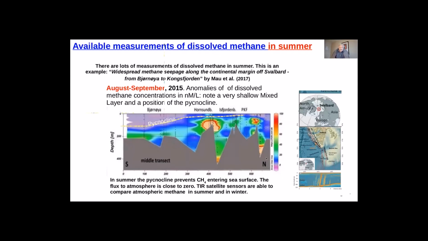They measured high concentration in deep layers, but above the pycnocline the concentrations are low, and therefore the flux is low. After the breakdown of the pycnocline, it is expected that flux would be higher.